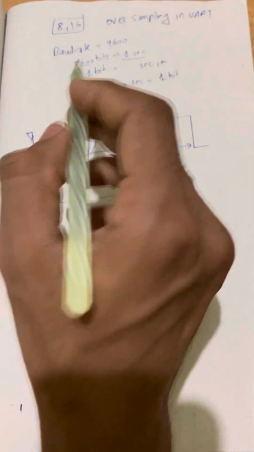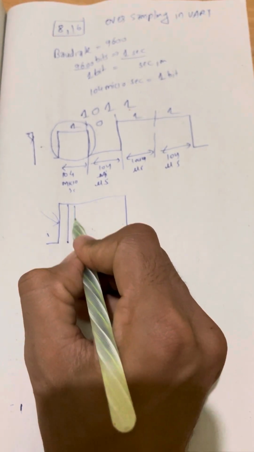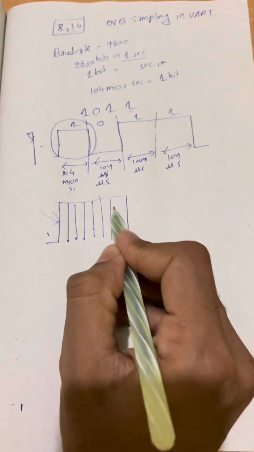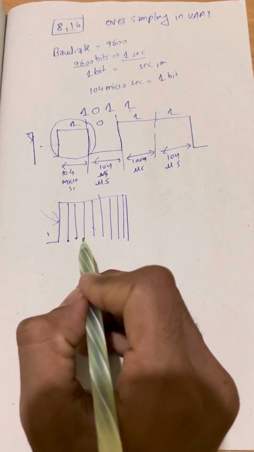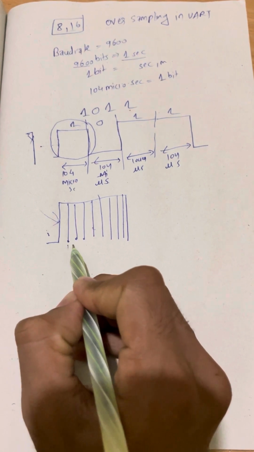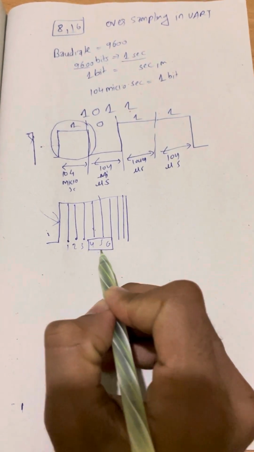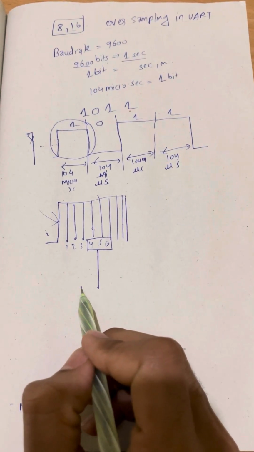If you are mentioning oversampling 8, then 8 samples will be prepared: 1, 2, 3, 4, 5, 6, 7 and 8. Just like that, 8 samples will be prepared. And in the middle of this, suppose samples 4, 5, 6, these will be taken by our UART mechanism.